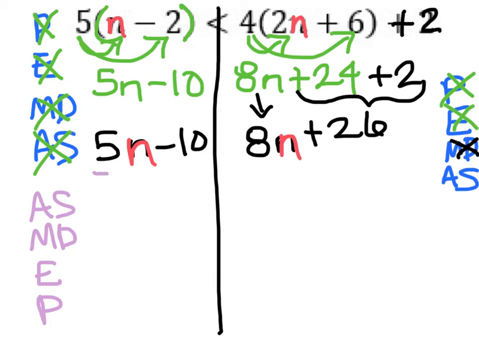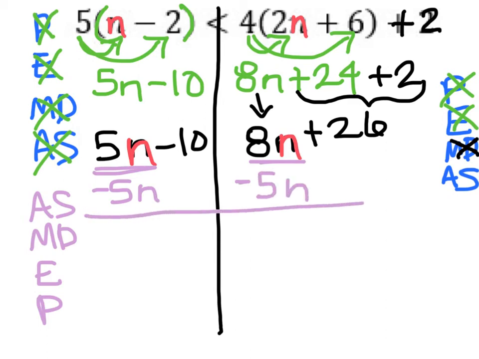Moving our variables all to the same side, I'm going to subtract. So I'll subtract 5n from both sides. And 5n minus 5n will cancel out. 8n minus 5n will leave us with 3n. We're going to bring down our extras.